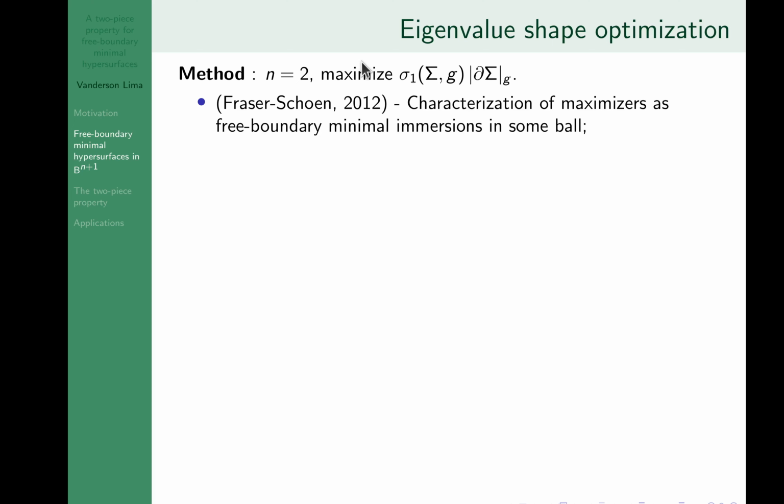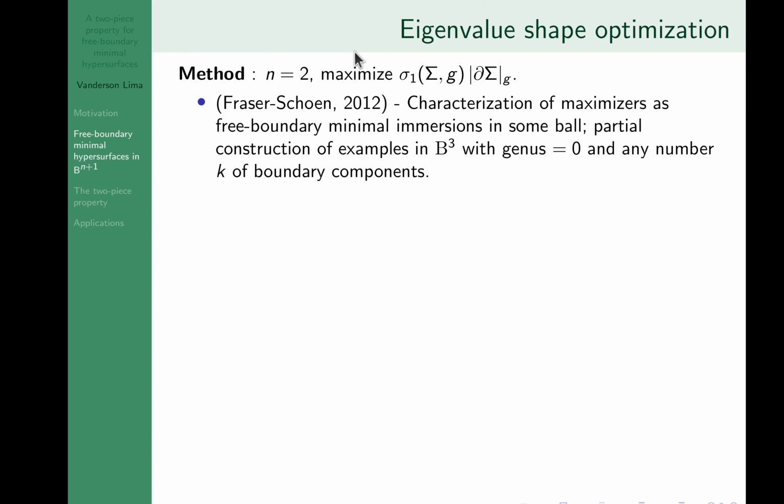So if a maximizer exists, it is obtained as a free boundary minimal immersion in some ball, possibly with branch points. And at first we don't know what is the dimension of the ball.